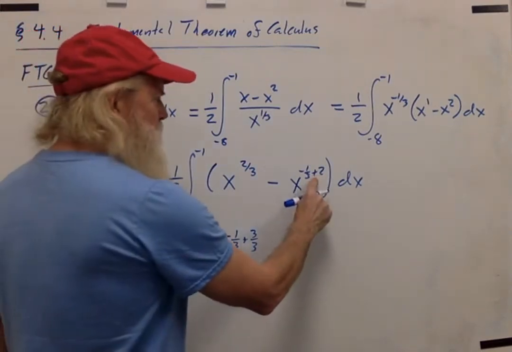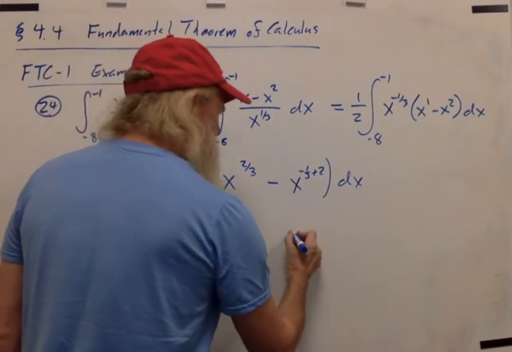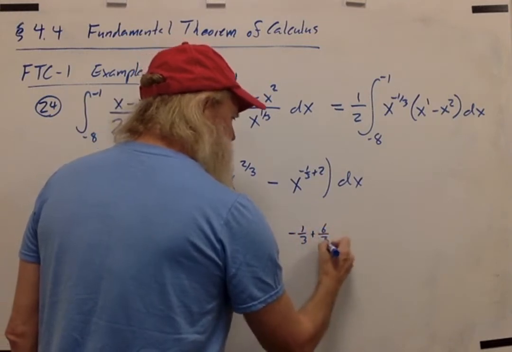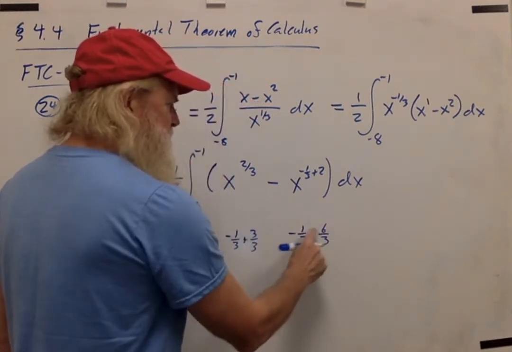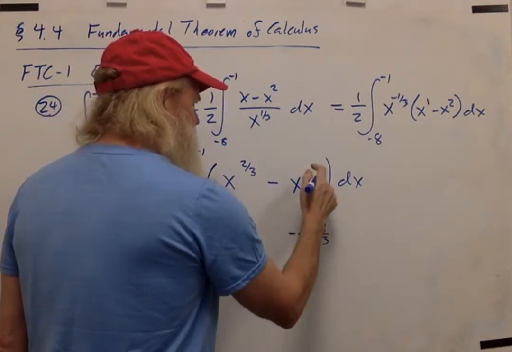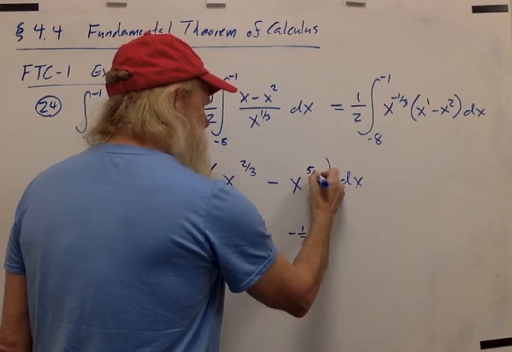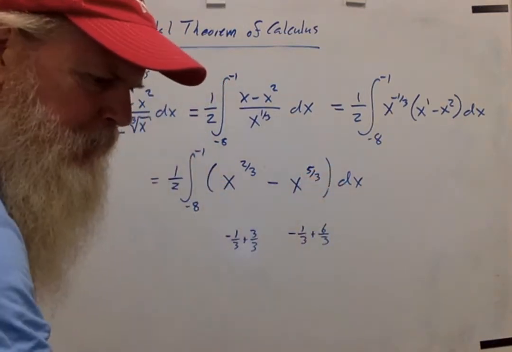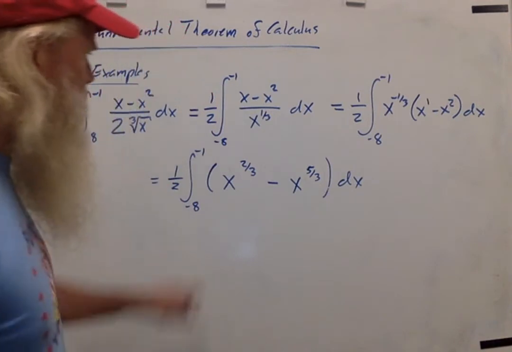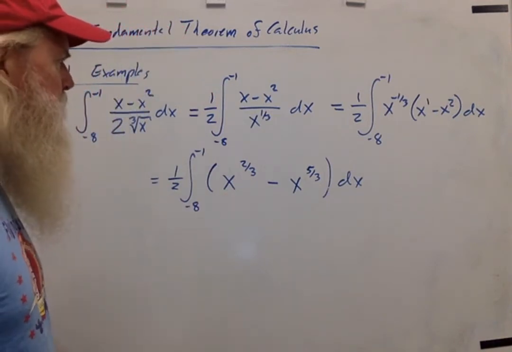For the second one, negative 1/3 plus 2 is the same as negative 1/3 plus 6/3, and 6 minus 1 is 5. So this exponent is x to the 5/3. So now, the integrand's in a great form for applying the power rule.